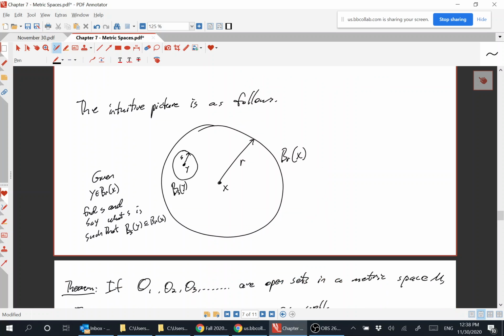So you have to say what S is, and typically that's going to be expressed in terms of R and Y somehow.